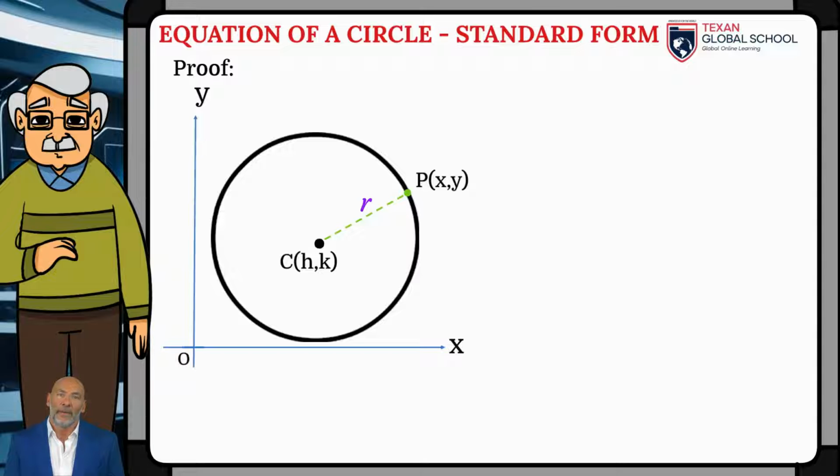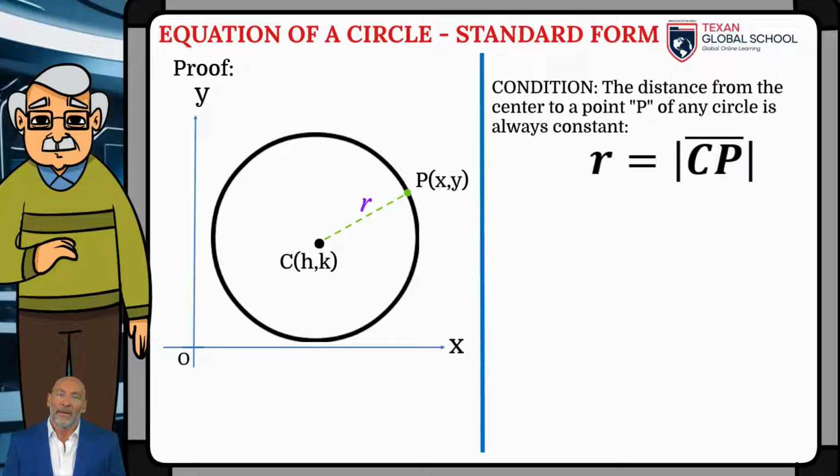The point P must satisfy the condition where the distance, called radius, from the center to any point on the circle is always constant, this is, r is always equal to the length of the segment CP.